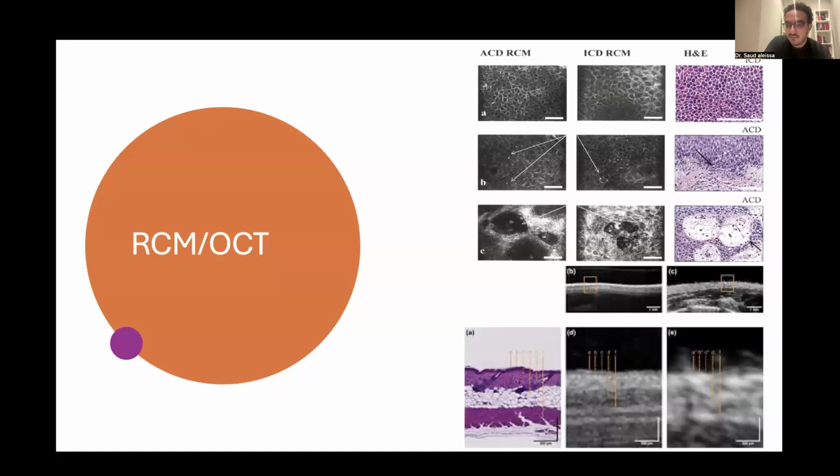If it's invasive, depending on the stage, we won't go into staging, and I think it's beyond the purposes of this lecture, but for stage 1 and 2, you can do a lymph node biopsy. So you send them not only for excision, but for a lymph node biopsy. And for stage 3 and 4, you can do elective lymph node dissection, sorry. Having said that, there's debate on the benefit of the lymph node dissection.